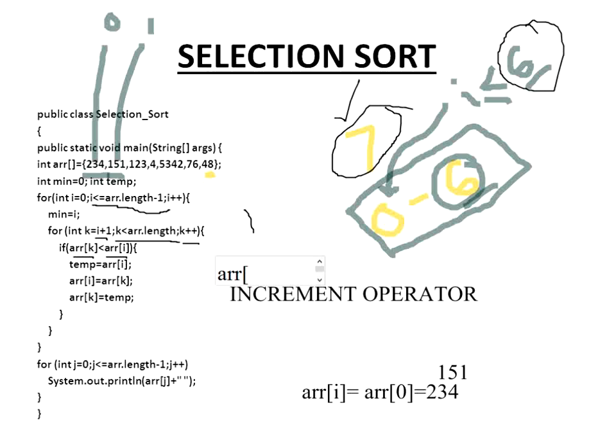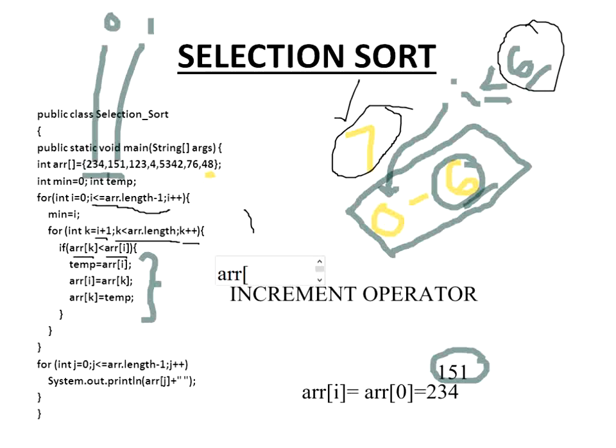Now in our case, 151 is less than 234. It is correct. So what will happen? This value will be placed at first position. 151 will be placed at first position.